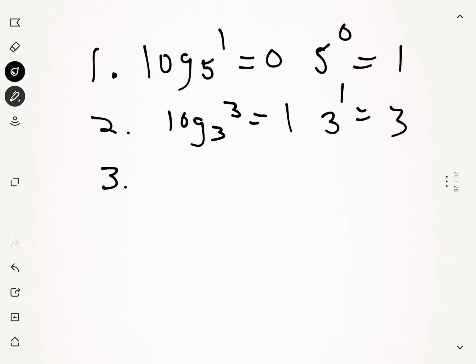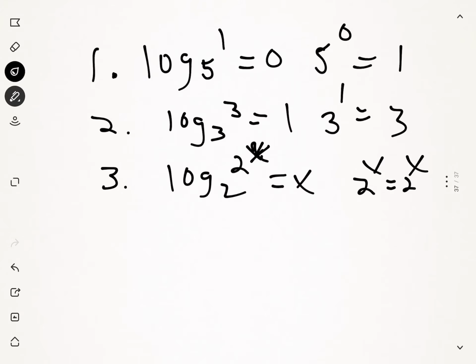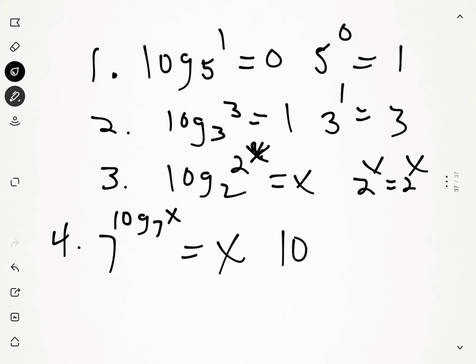And the third one, log base 2 of 2 to the x equals x, since 2 to the x equals 2 to the x. And the fourth one, 7 to the log base 7 of x is equal to x, because log base 7 of x equals log base 7 of x.